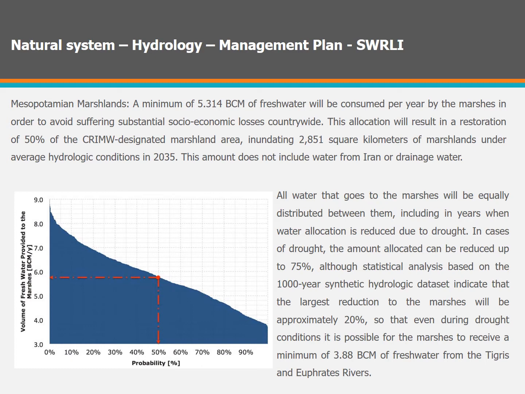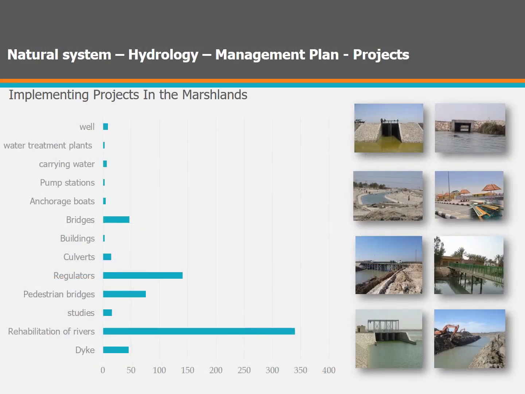It provides that a minimum of 5.314 billion cubic meters should be allocated to them, with an equal allocation to all marshes, and a minimum of 3.88 billion cubic meters in case of drought. The management plan requires the implementation of a number of projects, which are listed on this slide.